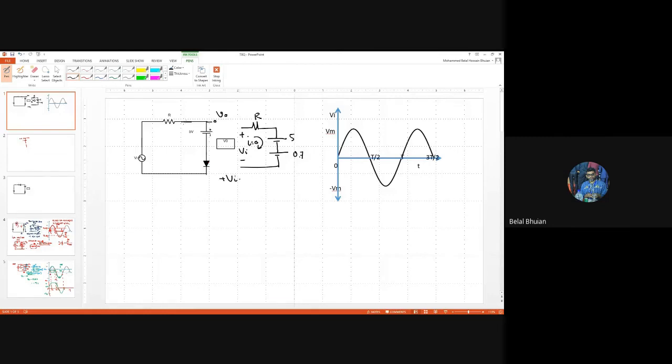Plus Vi minus IR, plus minus, minus 5 minus 0.7 equals 0. I is equal to 0. Vi is equal to 5.7. So let's say Vi is equal to 5.7.